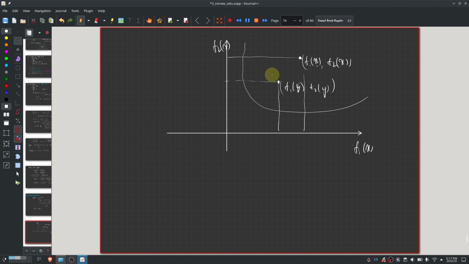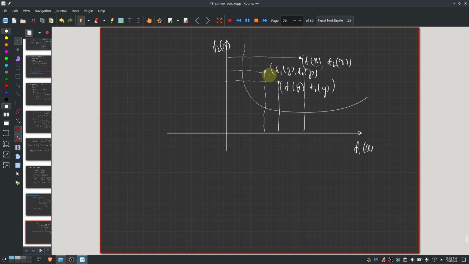But it's possible that two points cannot be compared. For example, suppose I take a point here, let me call this z. So this is f1 of z, f2 of z. In this case, f1 of z is less than f1 of y, but f2 of z is greater than f2 of y.